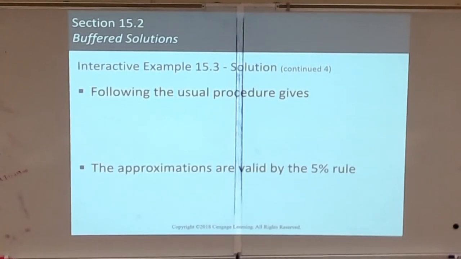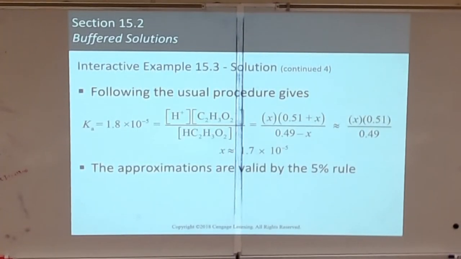Okay. There's our normal procedure here. So I go from 1.8 times 10 to the minus fifth to 1.7 times 10 to the minus fifth. So our pH is almost the same. In fact, it's what? 4.76? 4.77, he rounded.